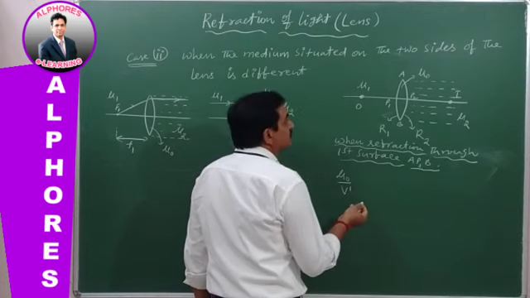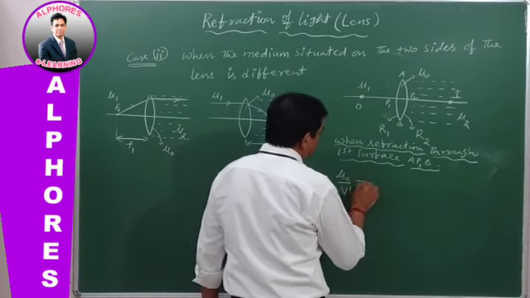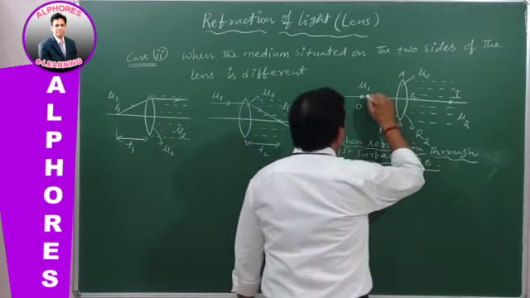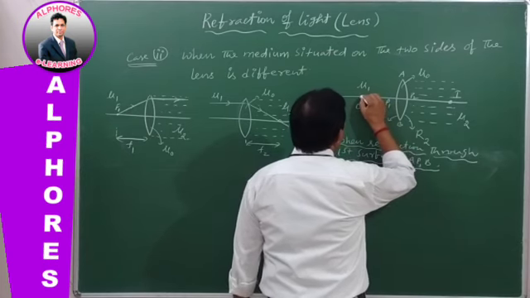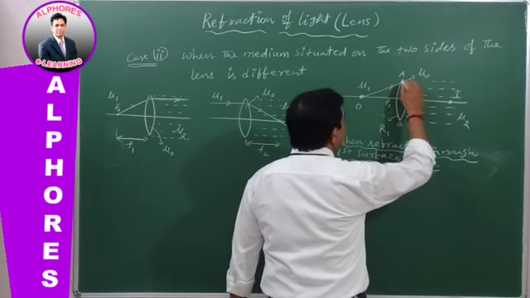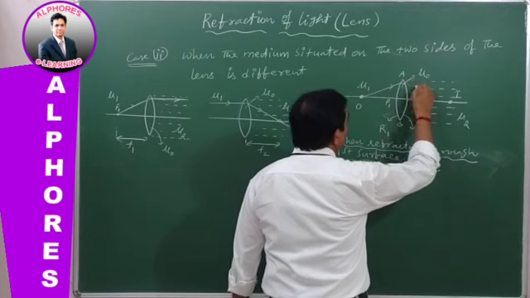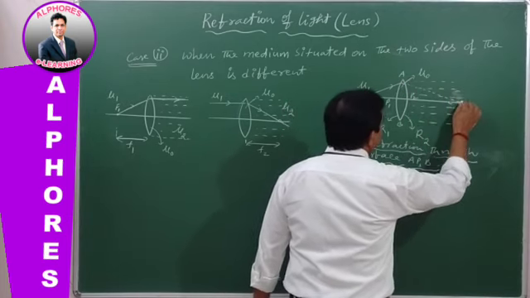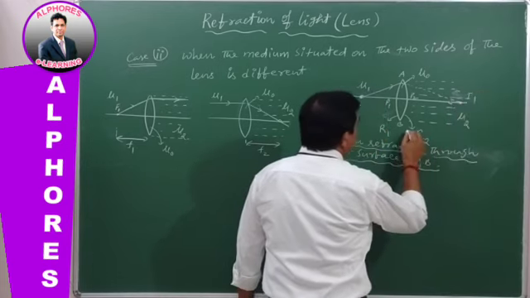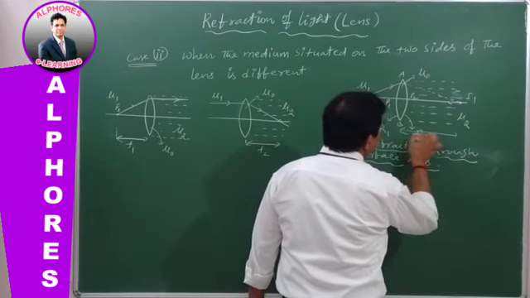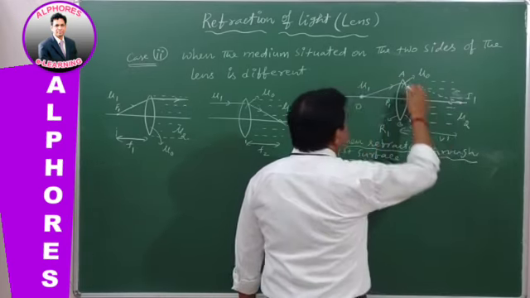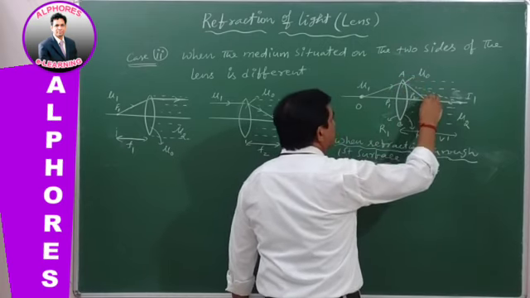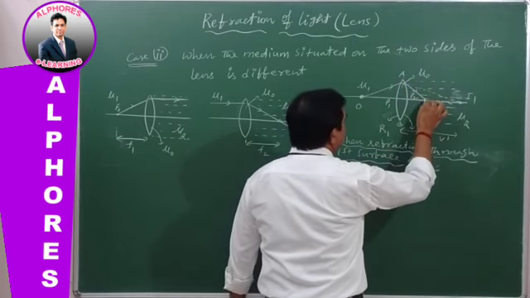V dash. Why is V dash considered? Light is incident here, undergoes refraction, and its image is given somewhere here. This is I1, its distance is V dash, and again refraction takes place, and the final image is given here.